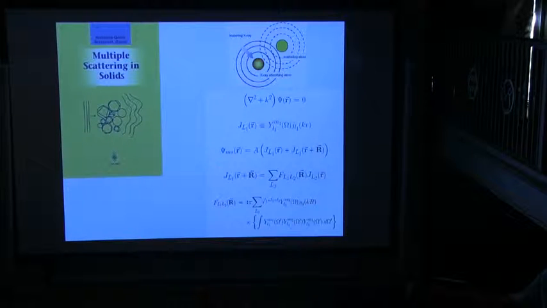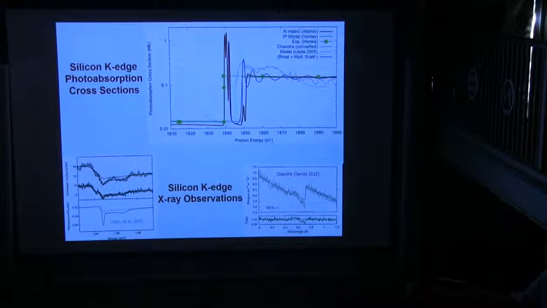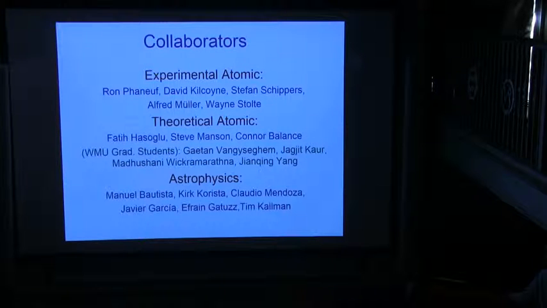This is what I'm working on now: to try to go from ab initio, going from atomic to solid state using multiple scattering theory. Let me show some preliminary calculations on silicon, and a brief mention of the many collaborators, including the astrophysics modelers, Javier here, and Efrain.